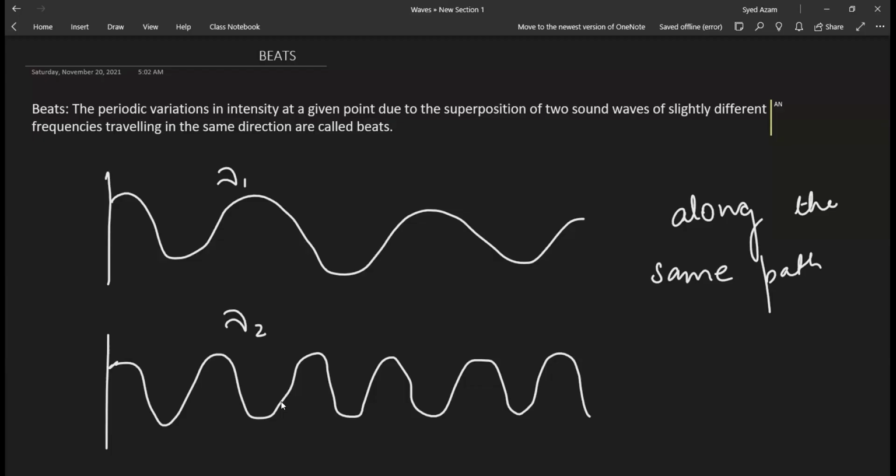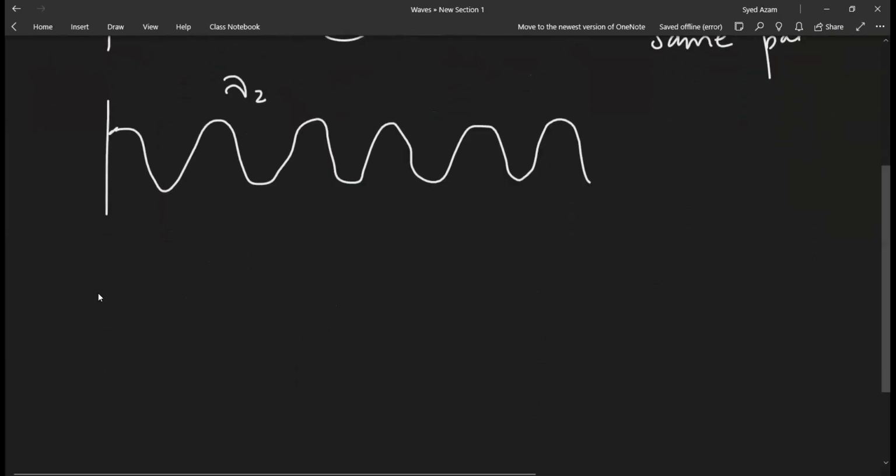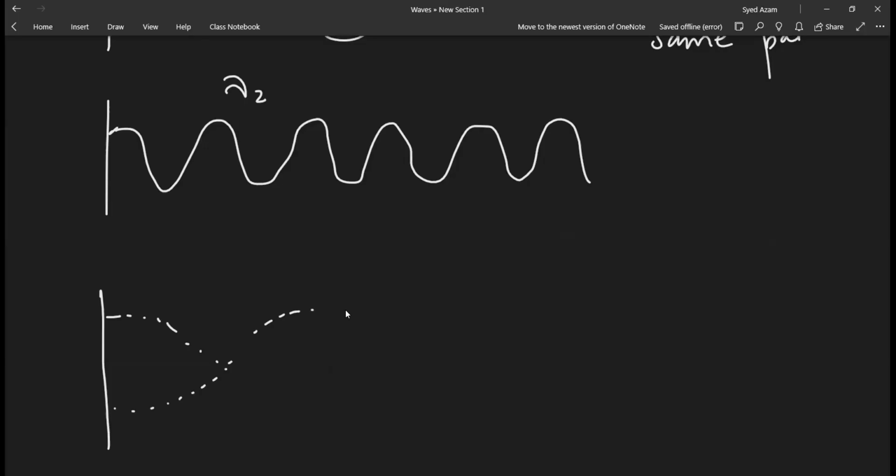So it depends on whether the resultant's intensity will rise or fall. So ultimately, this is the resultant.